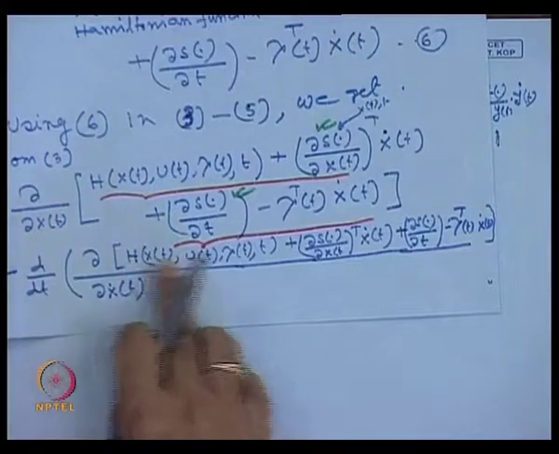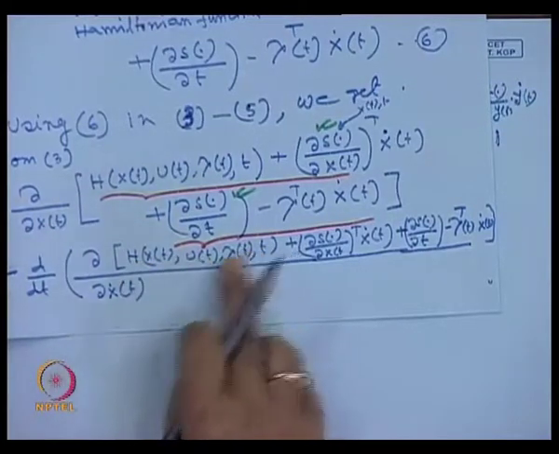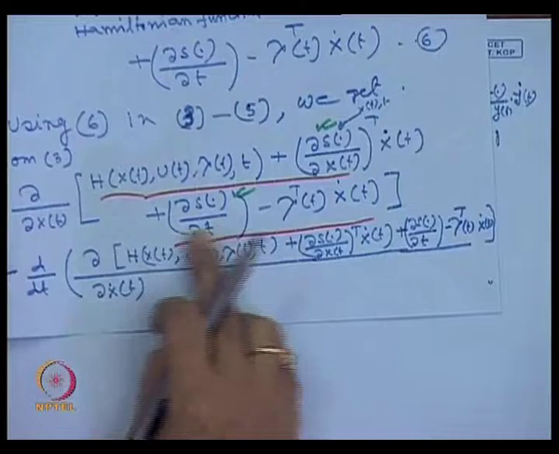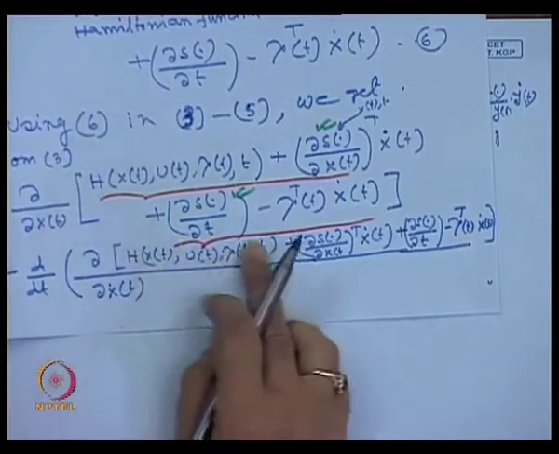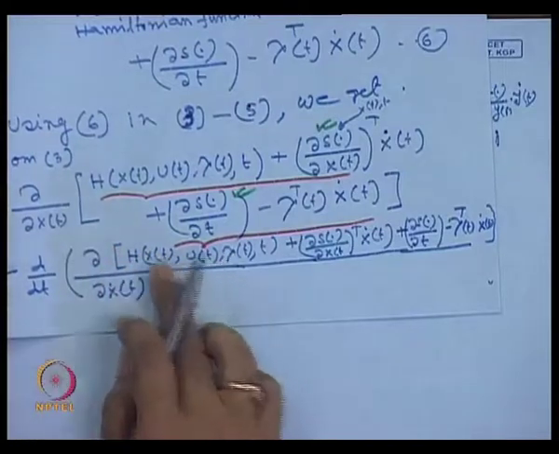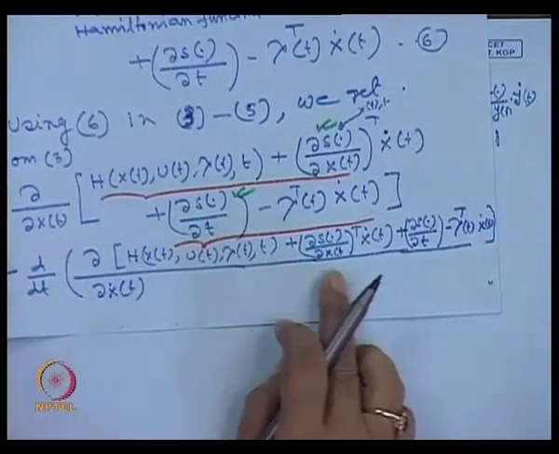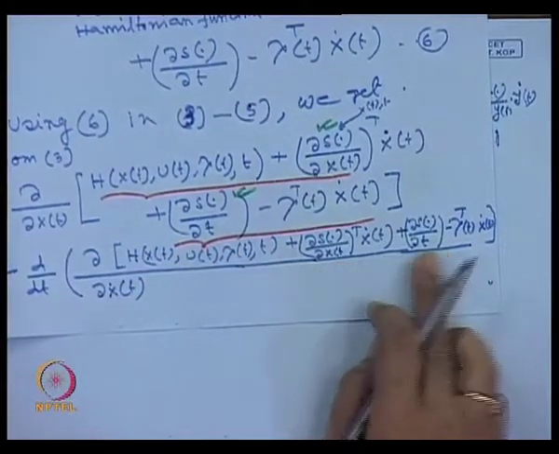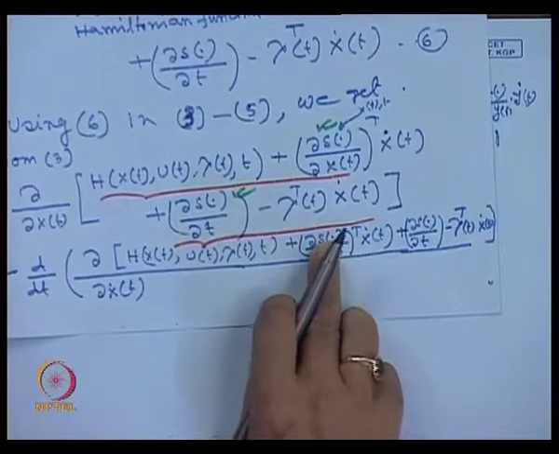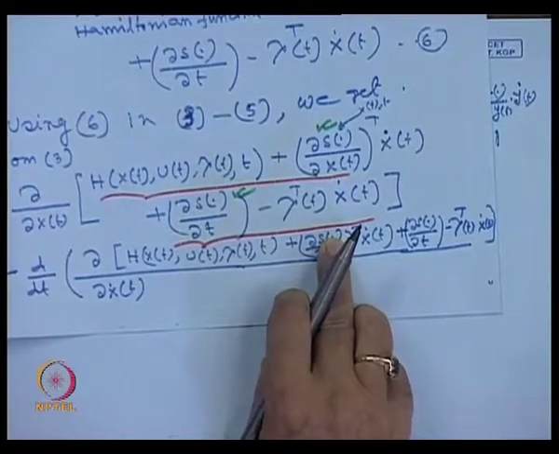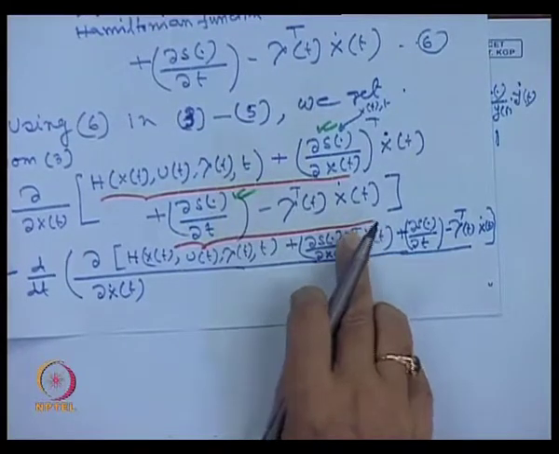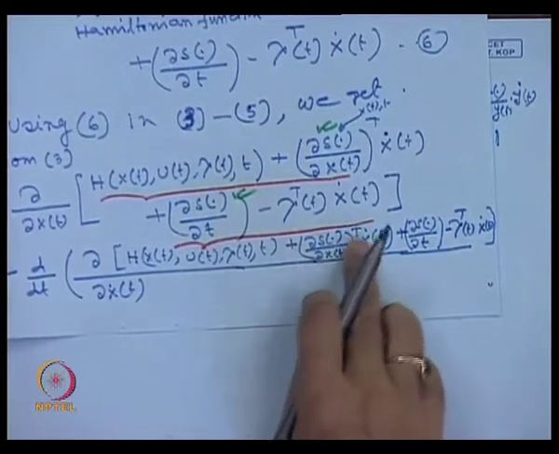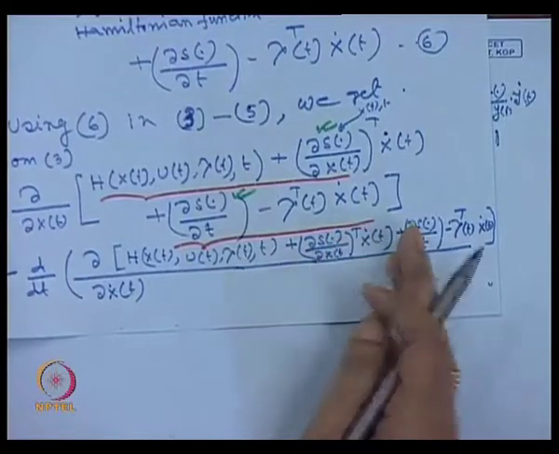This H is not a function of x dot, so if you do partial differentiation with respect to x dot, the first term will vanish. Then S is a function of x(t) and t, so it is not a function of x dot(t), and we can take it as a constant.